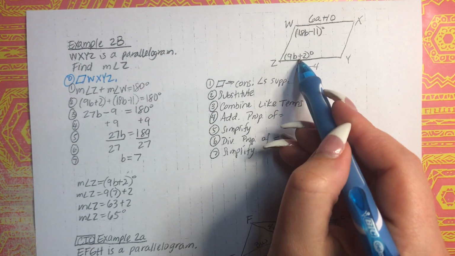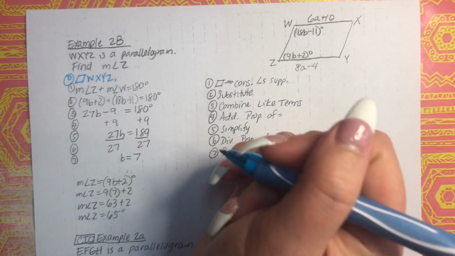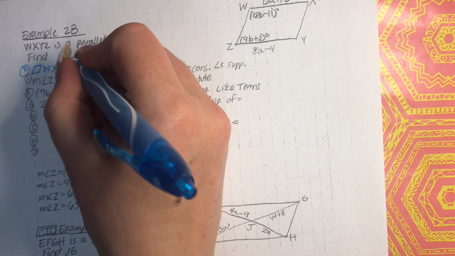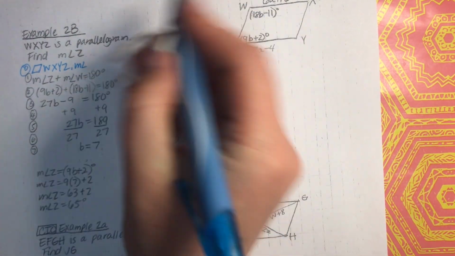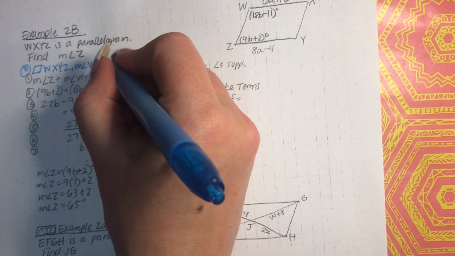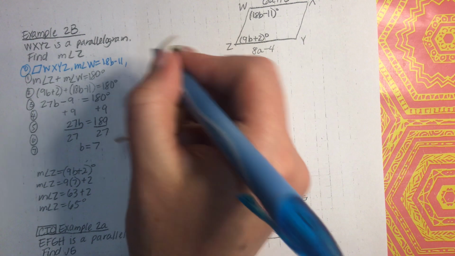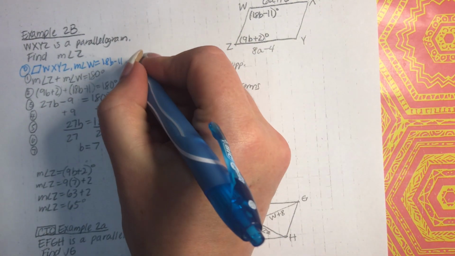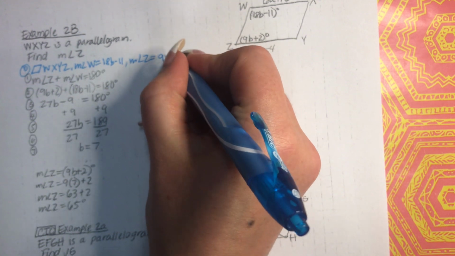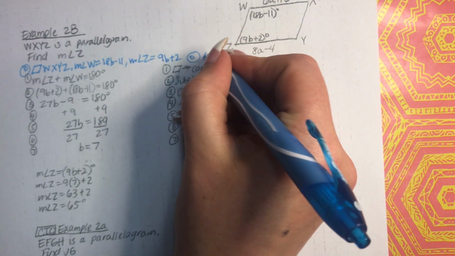Then we state this given information: the measure of angle W equals 18B minus 11, and the measure of angle Z equals 9B plus 2, and that is all given information.